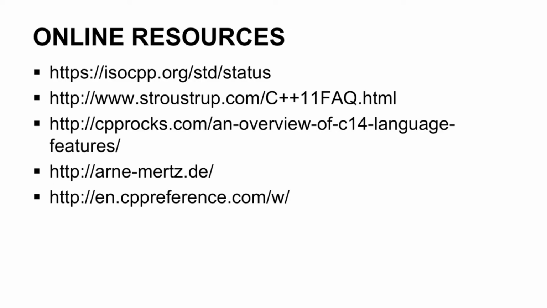The CPP Rock site, as well as a lot of other interesting material, has this overview of what was new in C++14. Arne Mertz has a useful blog on writing clean and maintainable C++ code, and you're bound to find a lot of interesting and challenging articles. And finally, if you don't already know it, CPP Reference is one of the best sources for online reference material on all versions of C++.